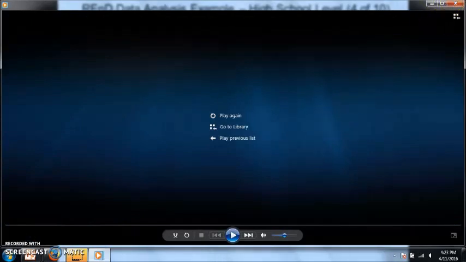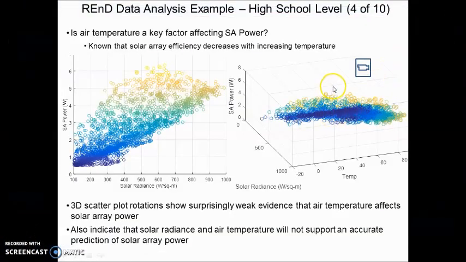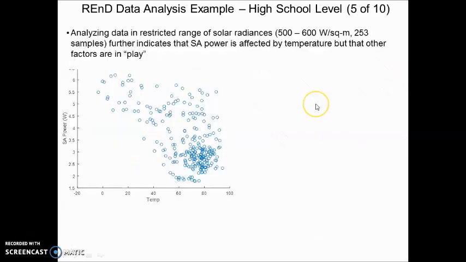In a few more slides down the road, we'll show where there's a factor that is a very strong indicator. So just keep that in mind. But basically, we've ruled out that the LEDs have a lot of effect, and temperature maybe has some, but it's not a real strong indicator.